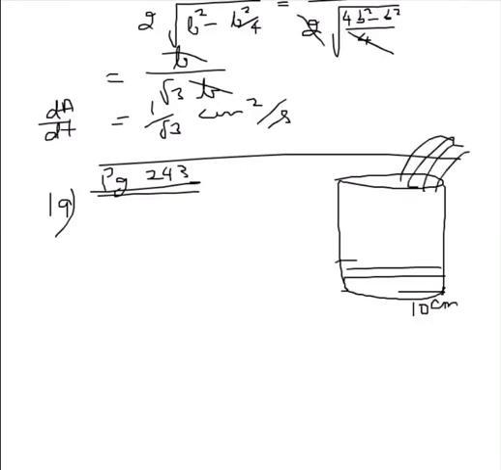As you pour wheat, the level rises, right? The radius remains the same because it is a container. The radius of the container doesn't change. So the radius of that wheat's cylinder doesn't change. So you have only height as a variable here. As you keep pouring, the height of the wheat changes.